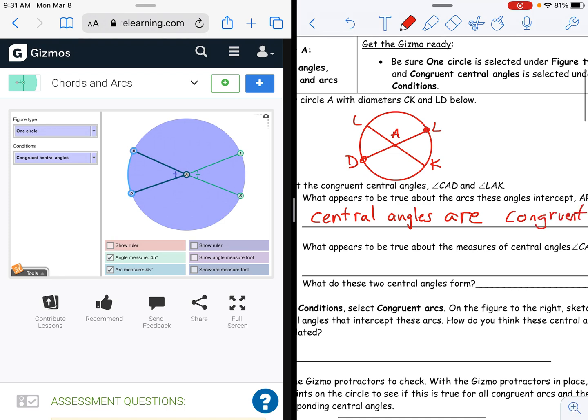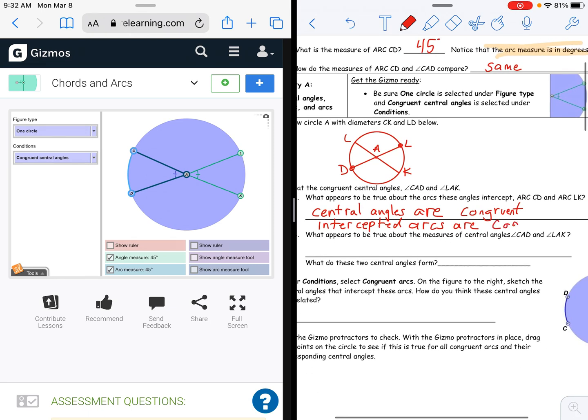Thus, it appears that the intercepted arcs are congruent. Sometimes you'll read intercepted arcs instead of just arcs.